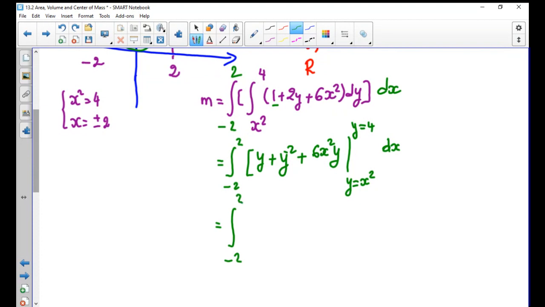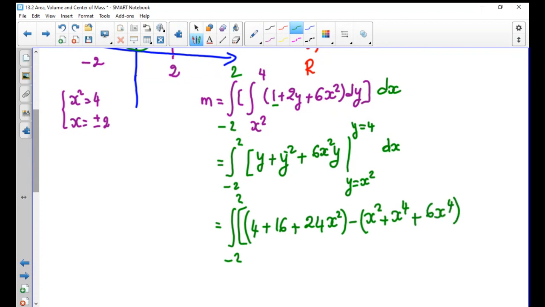So we substitute, and you will get 4 plus 16 plus 24x squared minus x squared plus x to the power of 4 and then plus 6x to the power of 4, like this, and all of this dx.